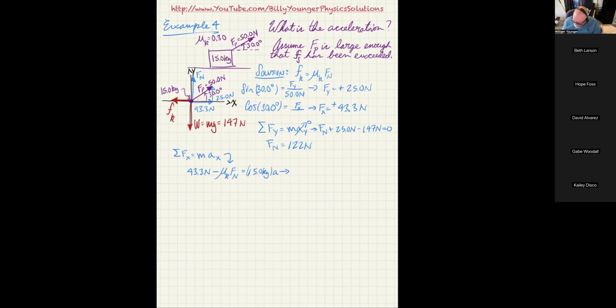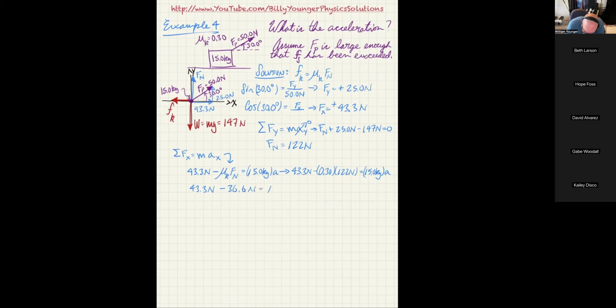So if I plug in the 0.30, we get 43.3 newtons minus 0.30 times the normal force, which we said was 122 newtons, is equal to 15.0 kilograms times A. Now I'm going to take the 0.30 times 122, and that's 36.6.